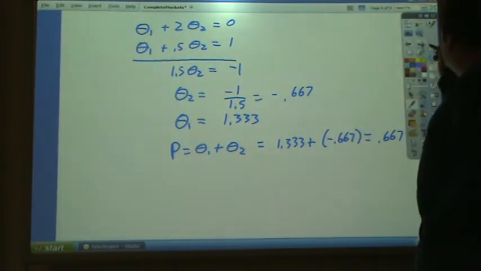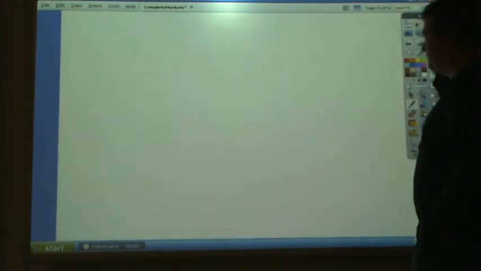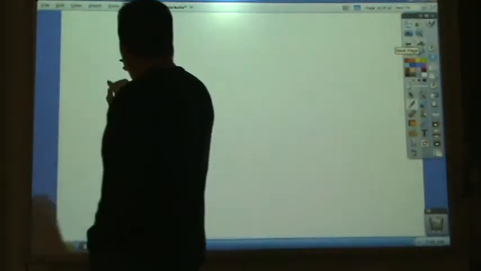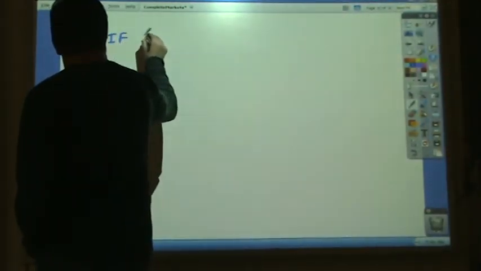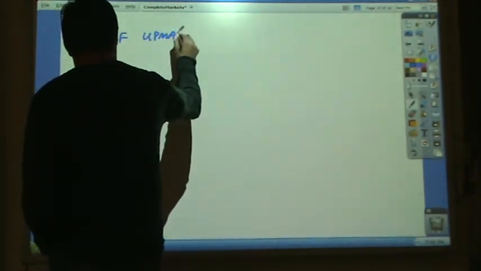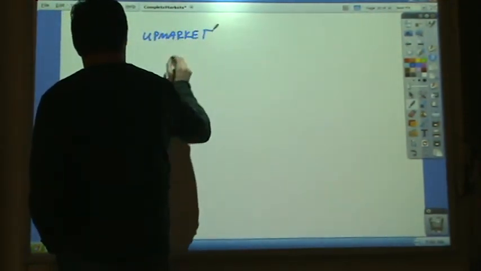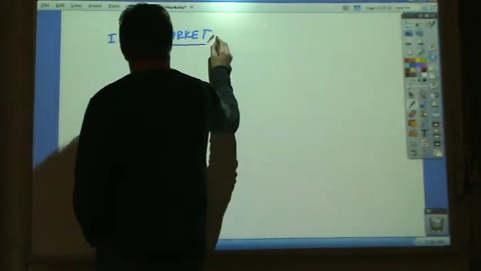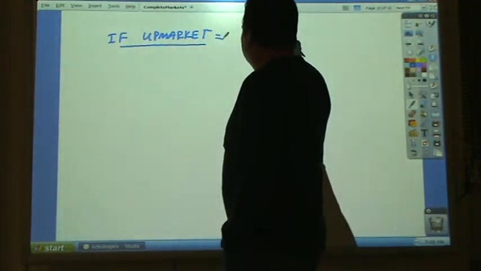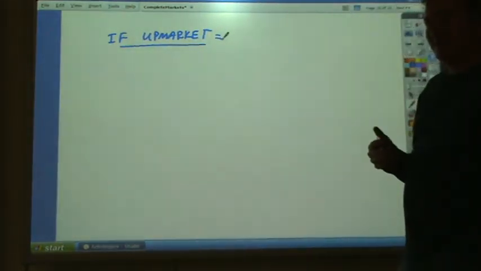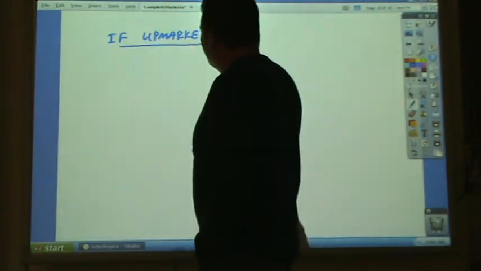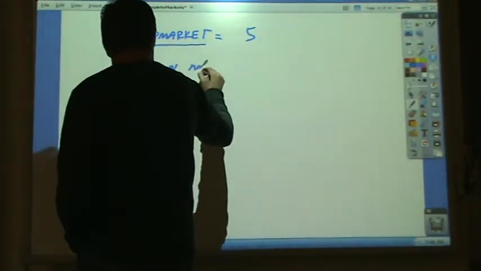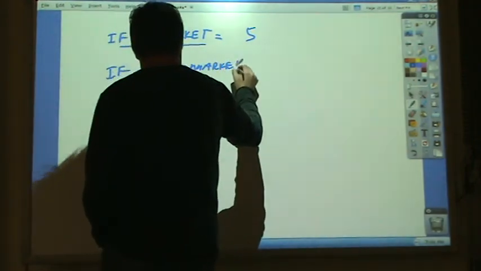So now, suppose we're managing a big fund, and we decided that we want a payout of, let's say, if there's an upmarket, then we get, pick a number, doesn't really matter, 5. So we want $5 if the market goes up, and then if the down market, we get what?